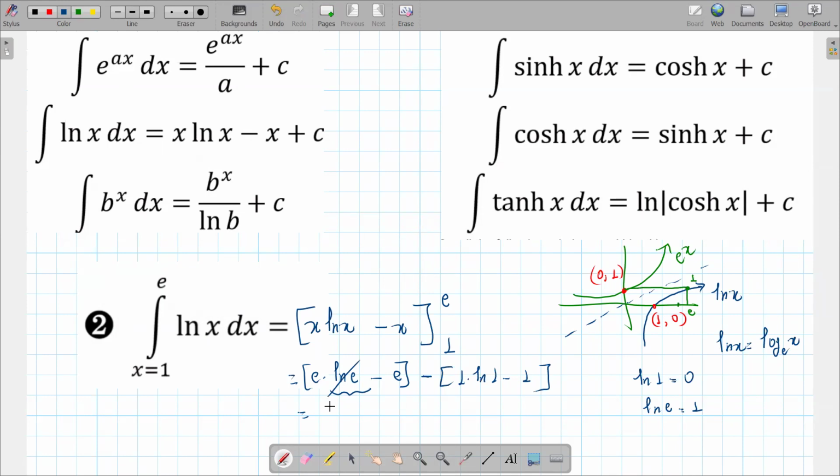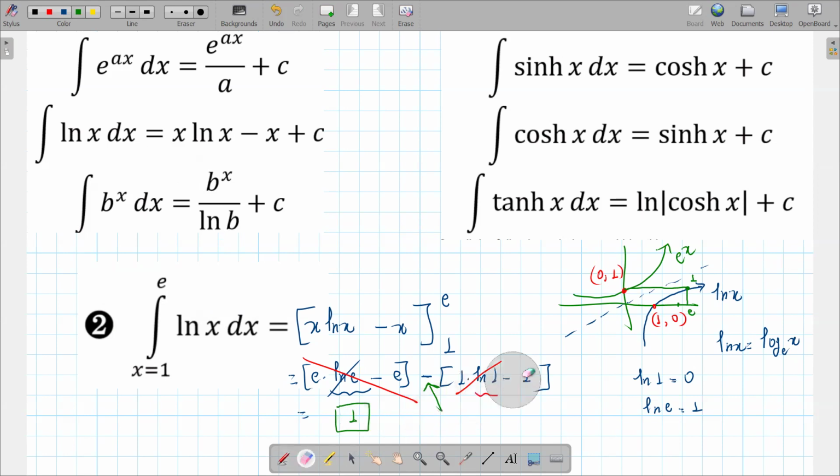It's 0. So this entire thing is gone. Let's look over here. What's ln of 1? 0. 1 times 0 is a 0, so this thing is gone. So what's the final answer here? Minus 1. Remember, there's a minus sign here. So 1. There we go.